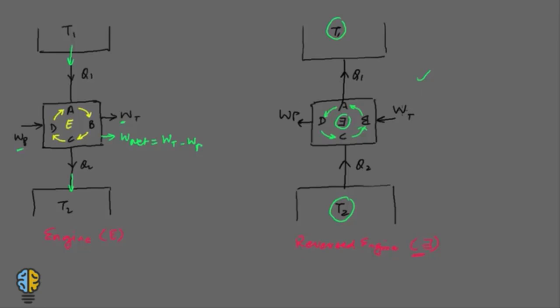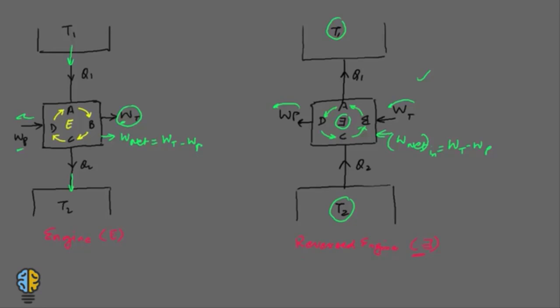The output work is now reversed and fed into the engine as input, and the input work is now reversed and taken out as output from the reversed engine. Again, the net work input in this case would be equal to WT minus WP. So this is the concept of a reversed heat engine.